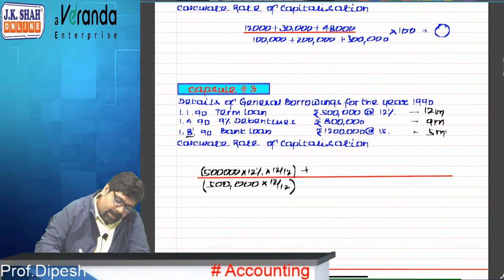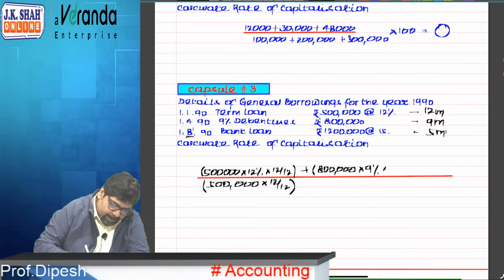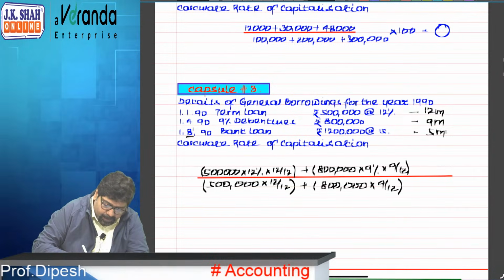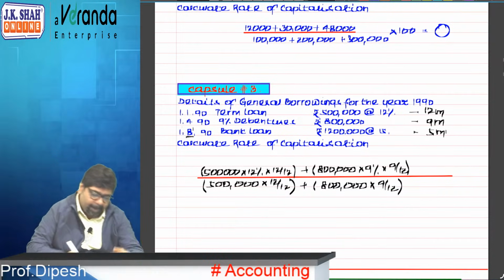Plus 9% debentures, that means 8 lakhs into 9% into 9 by 12. Over here 8 lakhs into 9 by 12. Why? Because this loan was used only for 9 months.